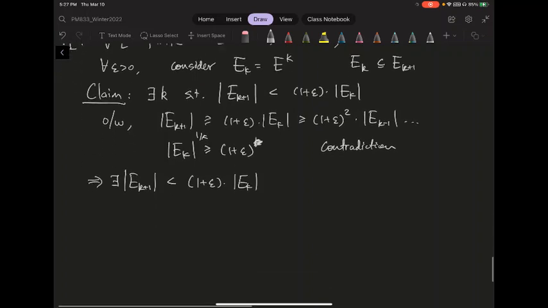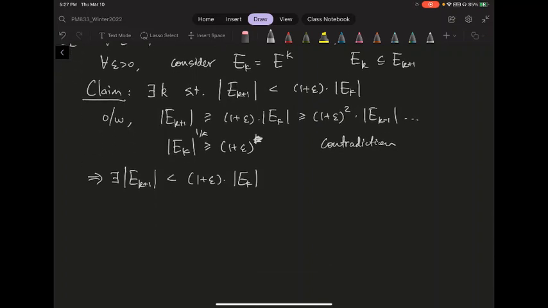Now consider what happens for any g inside your E. Then g E_k is inside your E_{k+1}, so it's one of the elements in E_{k+1}. So the set difference between g E_k and E_k is bounded above by the difference between E_{k+1} and E_k.